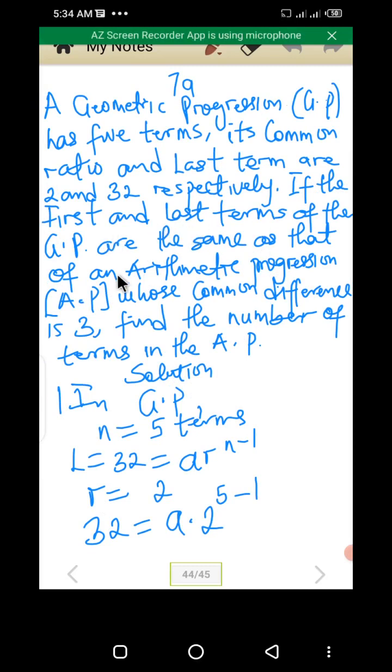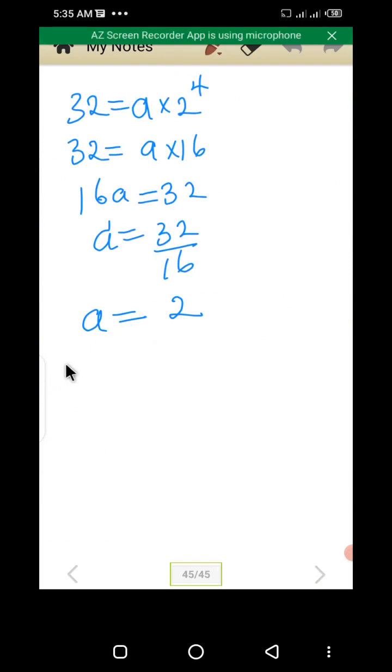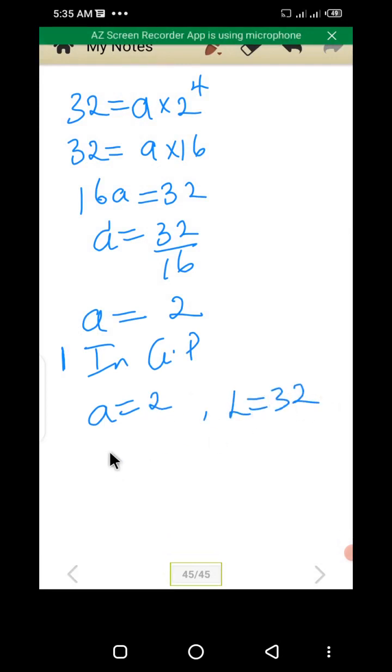But the question continues to say that the first and last terms of the GP are the same as those of the arithmetic progression whose common difference is 3. Find the number of terms in the AP. Recall that in the GP, the first term is 2 and the last term is 32.